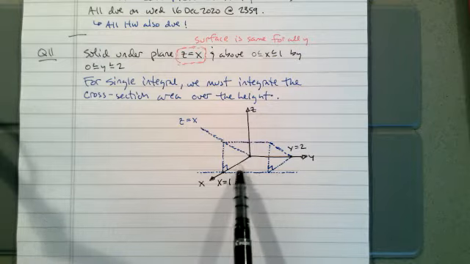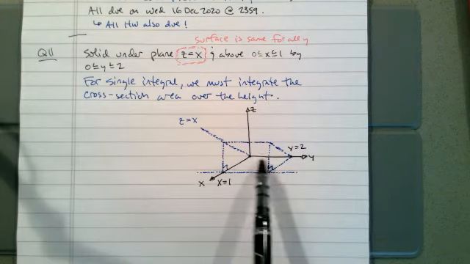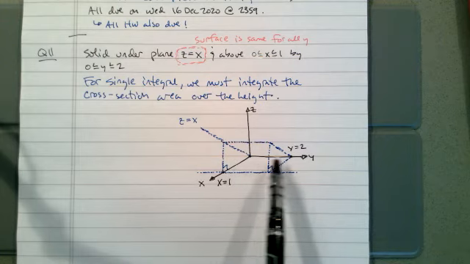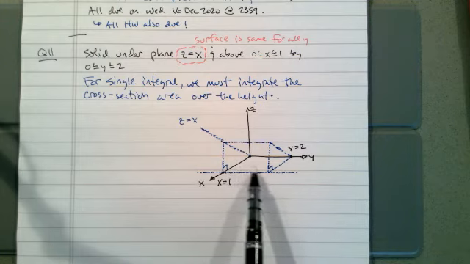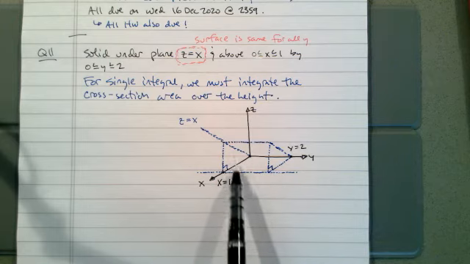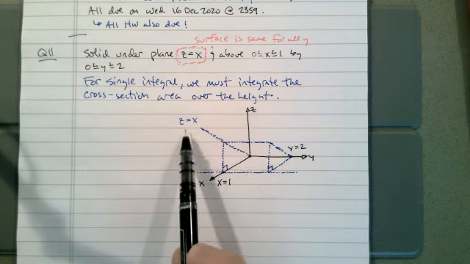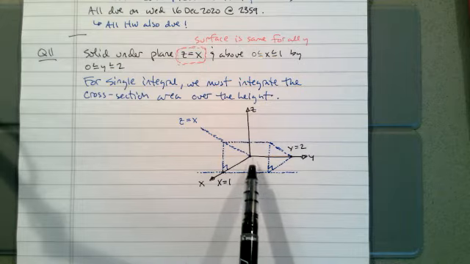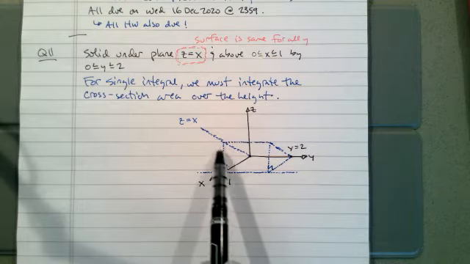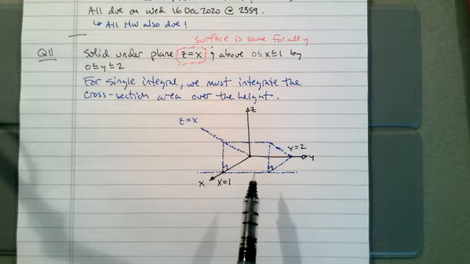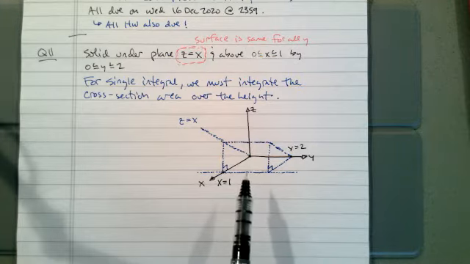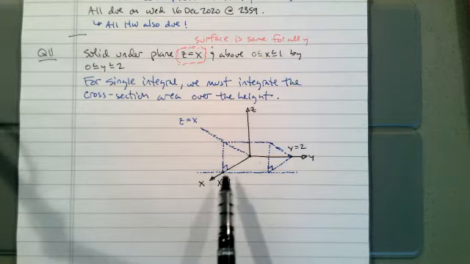If we wanted to write this as an x integral, if we take a generic x value, we see that we'll have this rectangle where the width is going to be 2, and then the height will vary with x. So the height will be given by the z value and vary with x. That's if we integrate along x.